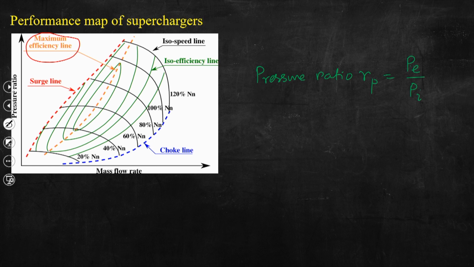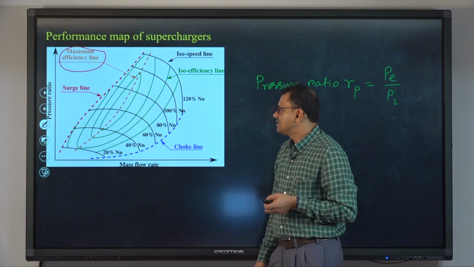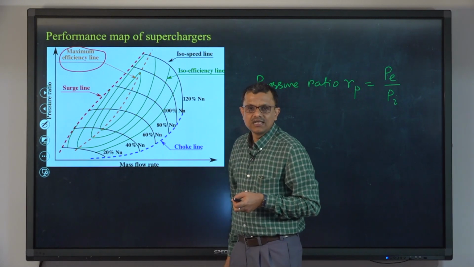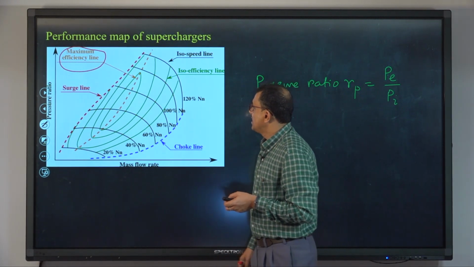There are iso-efficiency lines that we can see, and those iso-efficiency lines are presented using green colored lines.